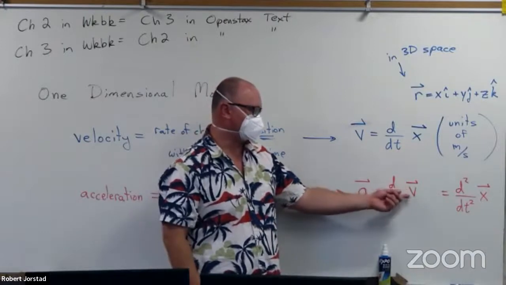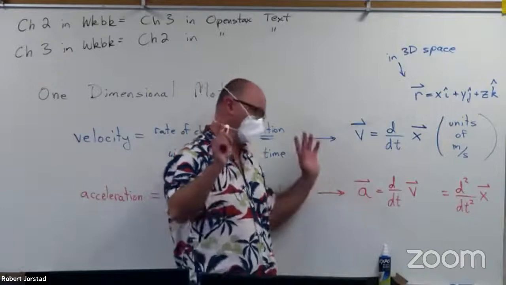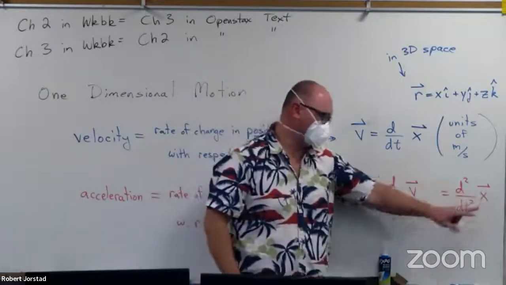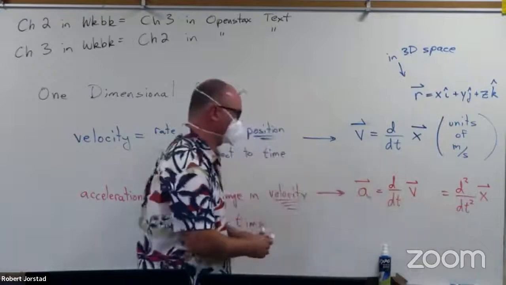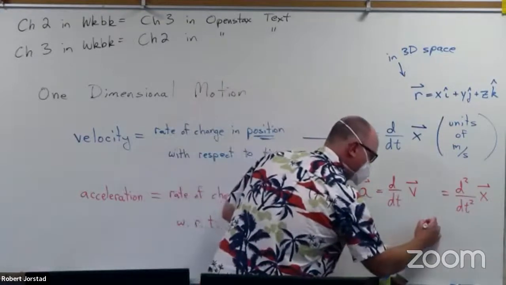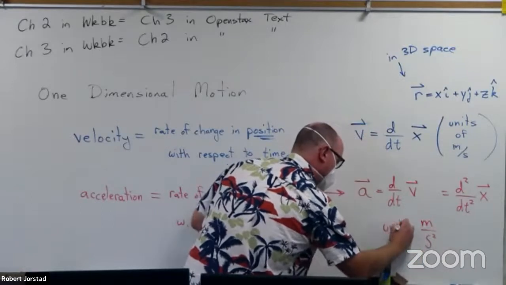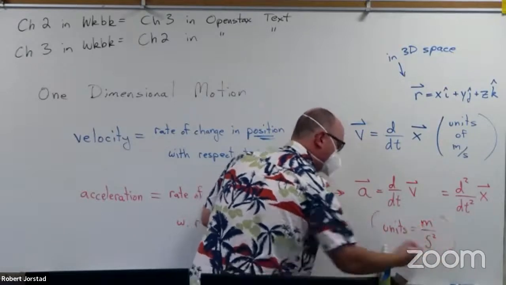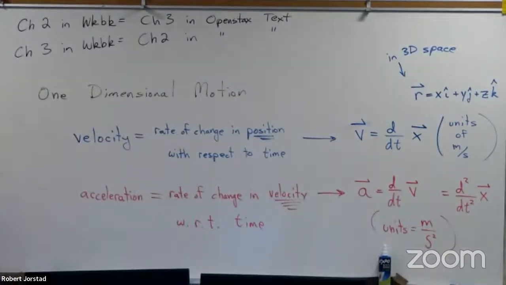You've got meters per second, or meters per second squared. So far, so good on the units. You can use derivatives to check the units as well. All right, so far, so good.